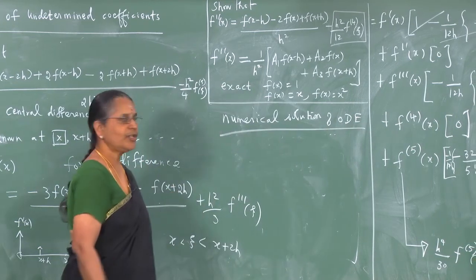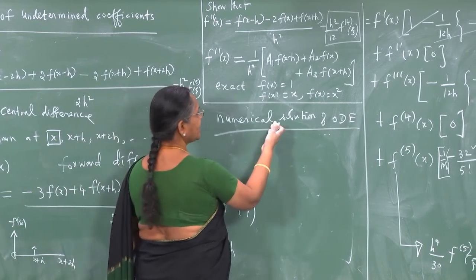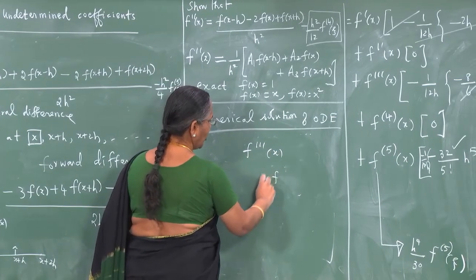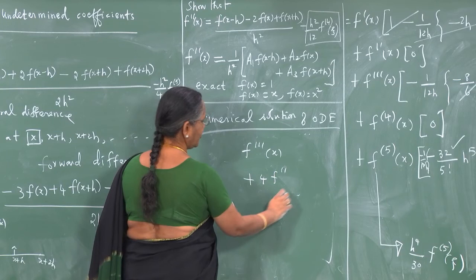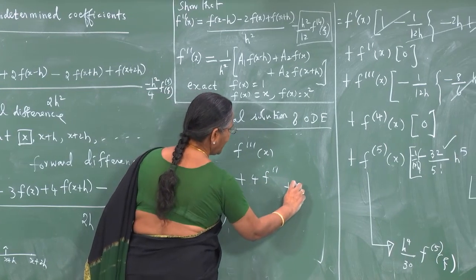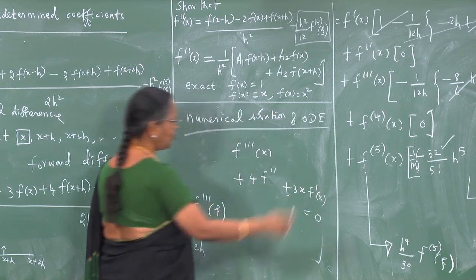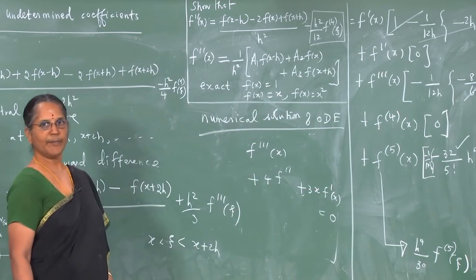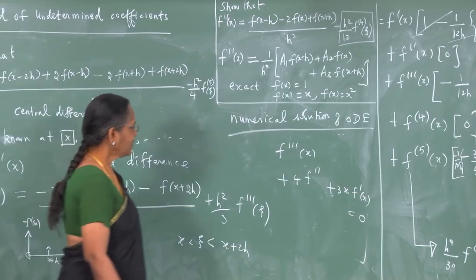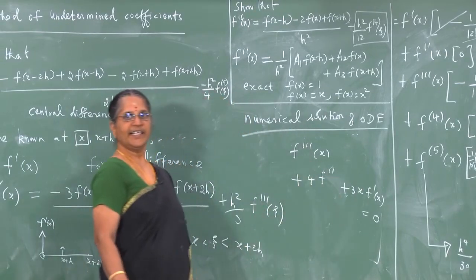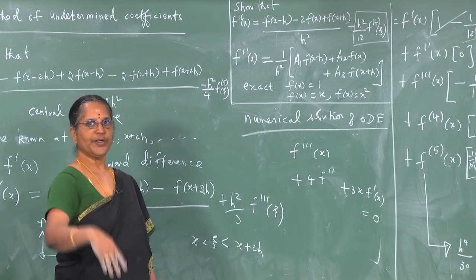How is it useful? Suppose an equation involves, say, a third order derivative or a second order derivative or some 3x times a first order derivative. Suppose you will have to solve an equation of this form, and you are unable to solve it by any of the techniques known to you.